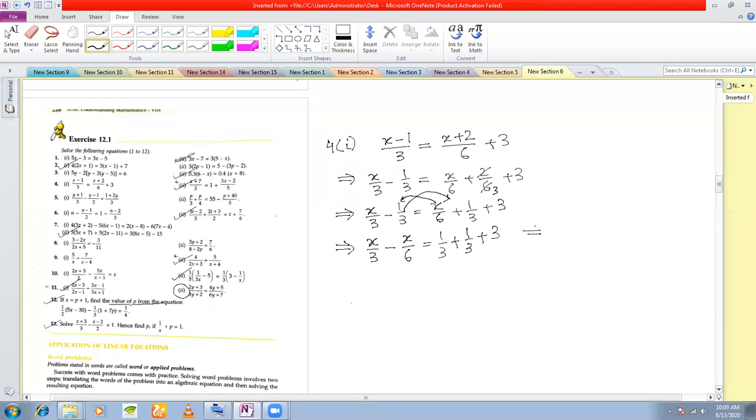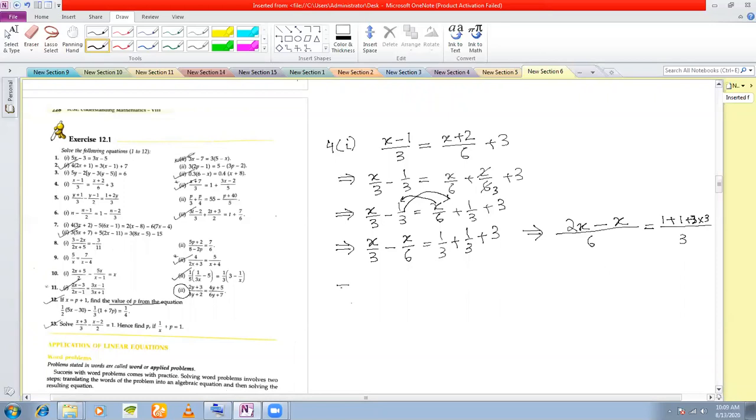Now you take the LCM on both sides. LCM here is 6. 6 divided by 3 is 2, so you get 2 into x minus 6 divided by 6 is 1, and 1 into x is x, is equal to, you take the LCM here, LCM is 3, so you get 1 plus 1, and 3 divided by 1 is 3, so you get 3 into 3.